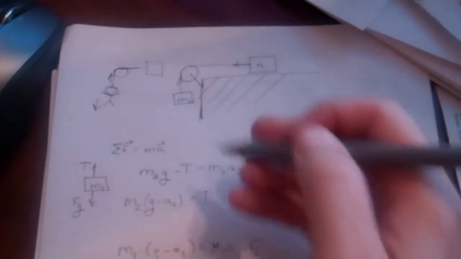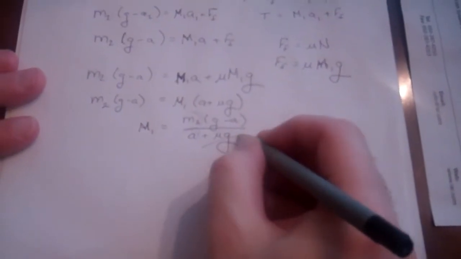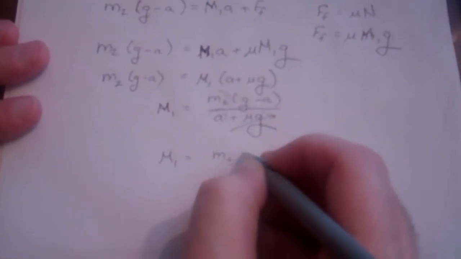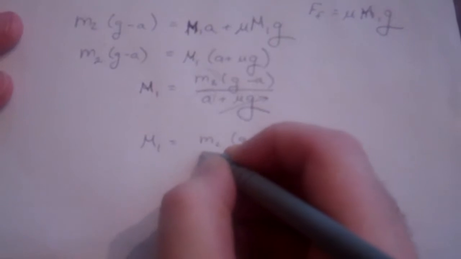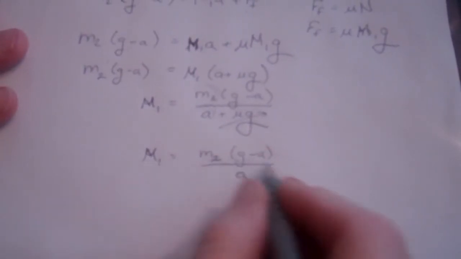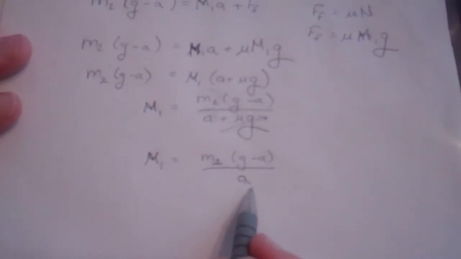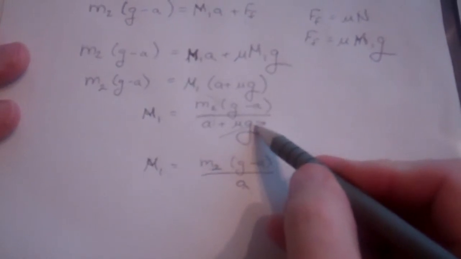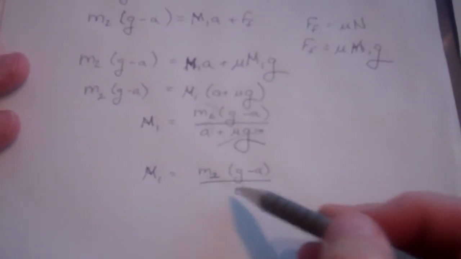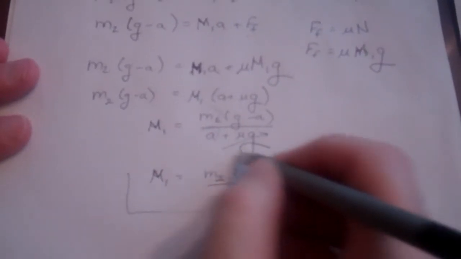So the more mass that we add on here, if we say that this is 0, then we'd get that m1 is equal to m2 g minus a over a. We're measuring a, we know m2. We even know m1, but we're just going to use the calculation to see if we get the right answer. Now, as the acceleration in m2 increases, this formula becomes more and more valid.